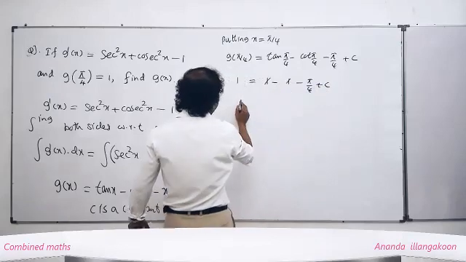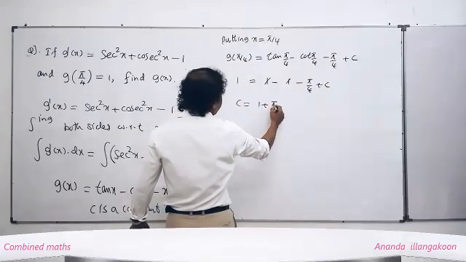Those two cancel, then we get c as 1 plus pi/4.